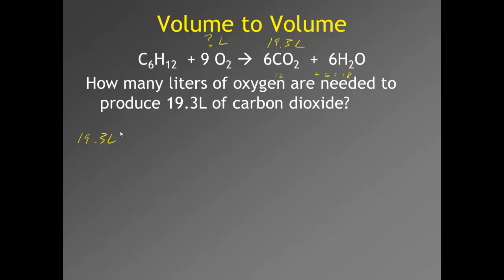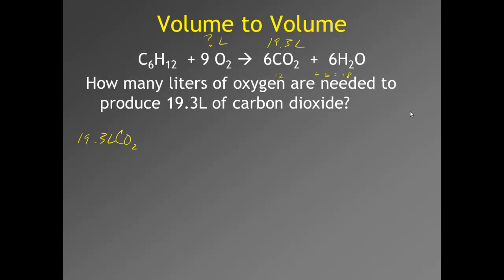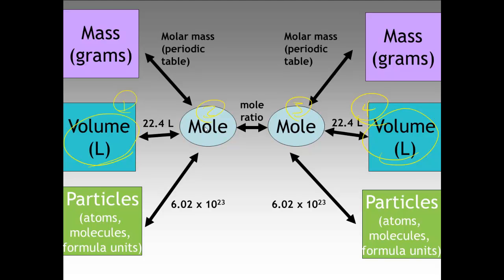I always start with what I'm given, 19.3 liters of CO2. In fact, let's go back to our mole roadmap for a moment. This time on this problem, I'm given liters and I'm asked to go for liters. So this tells me I've got 1, 2, 3, 4 steps, one of those longer problems. Diagonal down, same units, liters of CO2. The only place to go from liters is to moles.